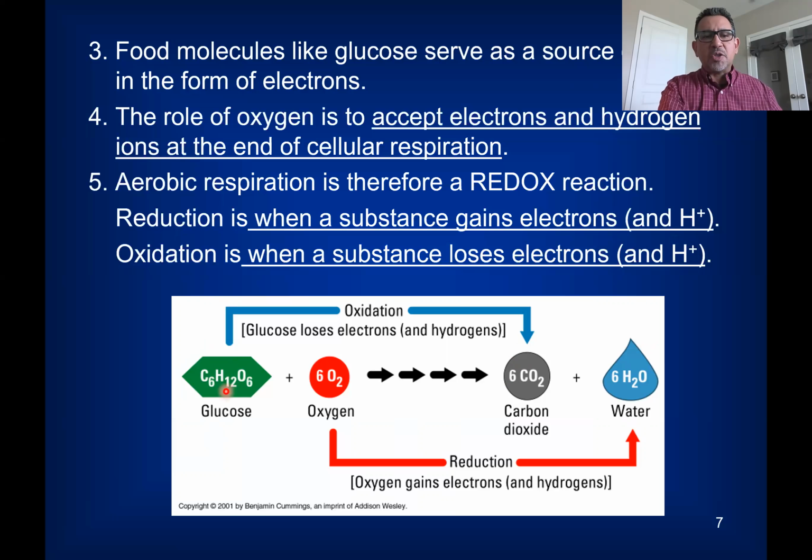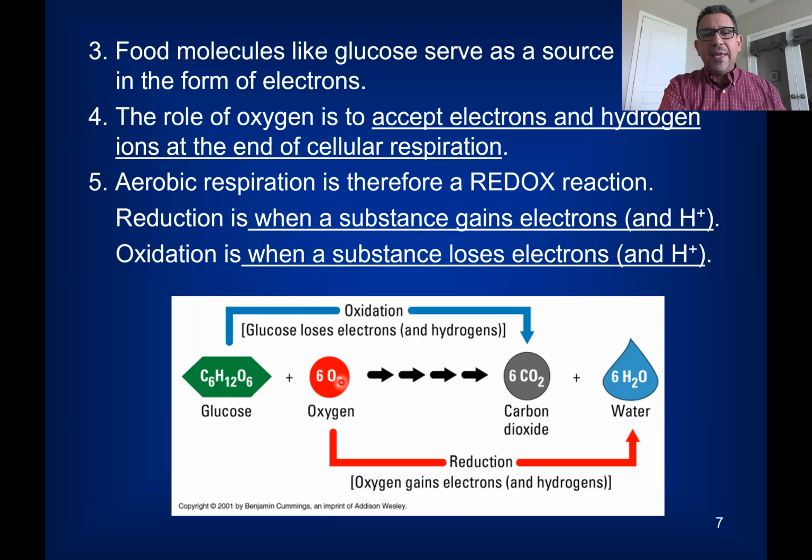And think what happens to glucose if you remove all of these hydrogens you see here in the middle. All you would have left is carbon and oxygen. Well, something you can make with carbon and oxygen is exactly carbon dioxide. What happened to the electrons and hydrogen ions that were stripped from glucose? Oxygen is going to pick them up.